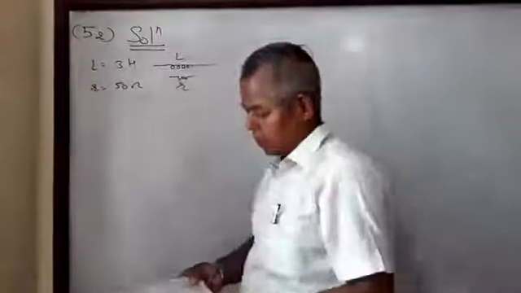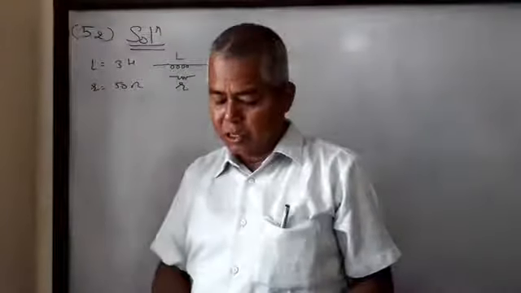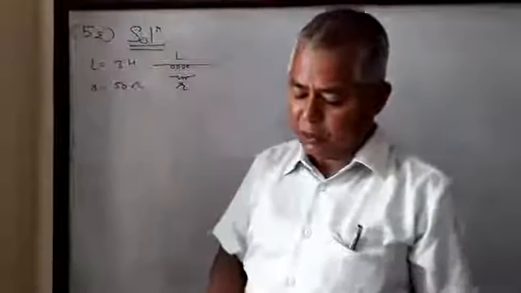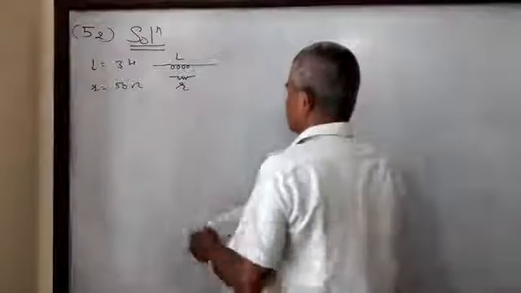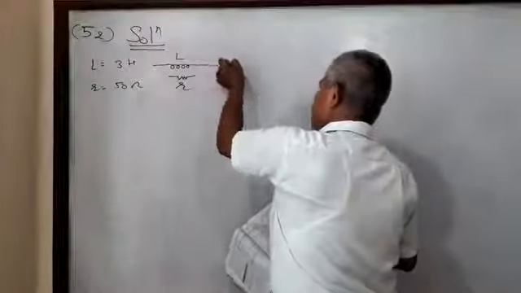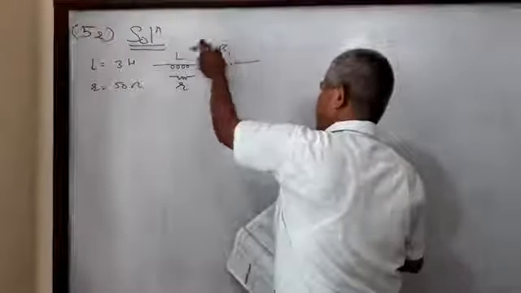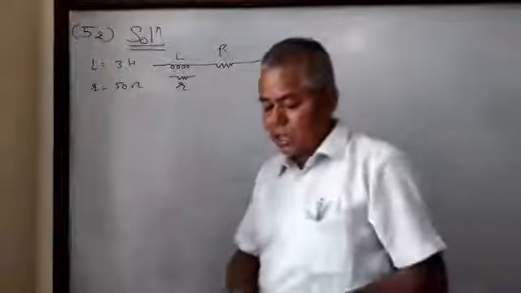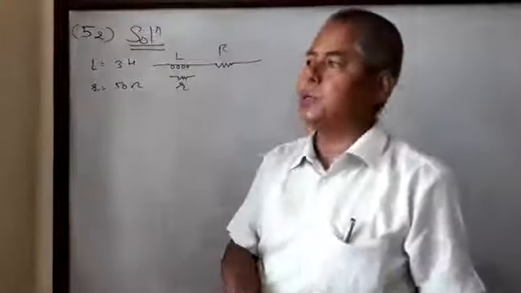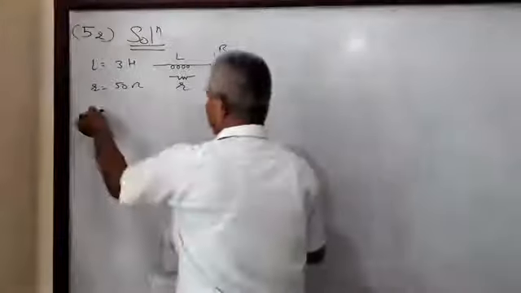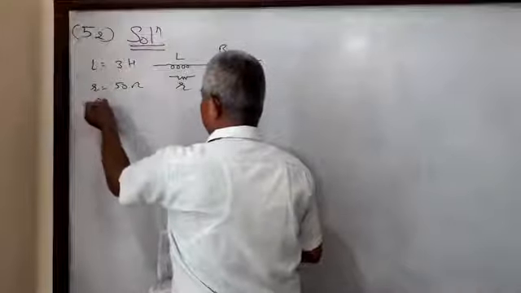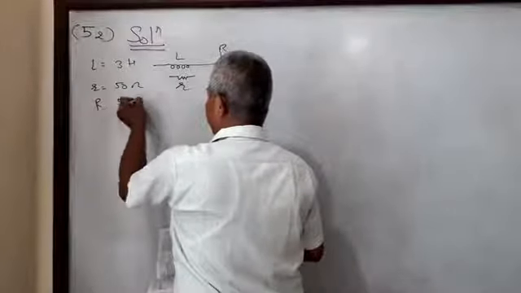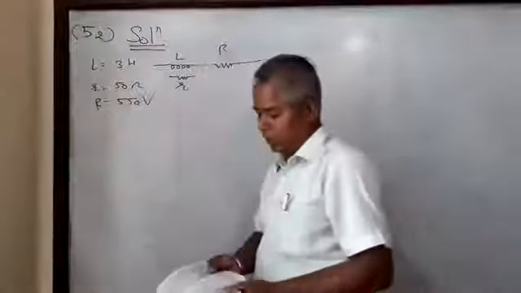It is placed in series with a resistor of resistance 550 ohm, meaning an additional resistor. Small r is the internal resistance, capital R is the external resistance, and the external resistance has value 550 ohm. This is given to us.